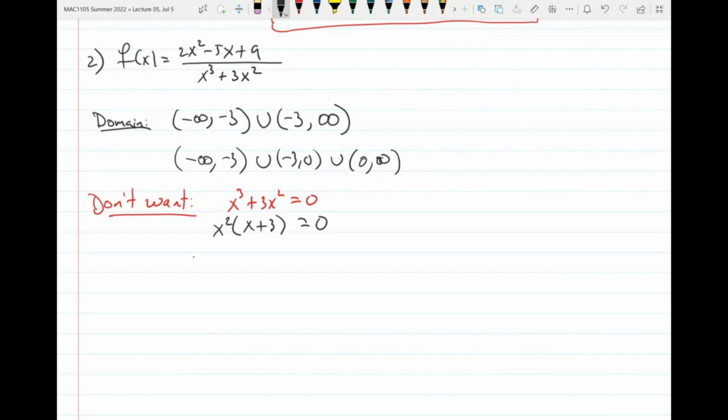Remember the zero product rule: either x squared is 0 or x plus 3 is 0. So you get 0 or -3. These are two values that we don't want, because if you put either of them in, you're in trouble, you'll get 0 in the denominator.